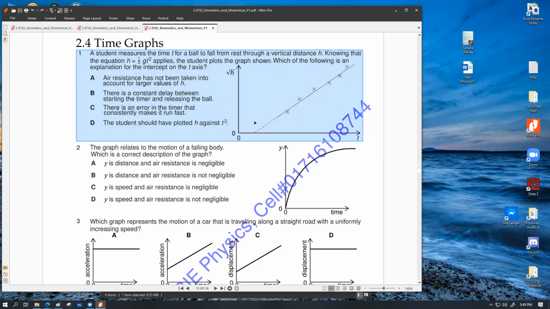This is actually true, but that does not specify why the error here is happening, because what this graph represents is that whenever root h is 0, or h is 0, you still have some time elapsed. The physical meaning of this intercept is that the time count starts from here. At t equals 0, the object is at h equals 0.